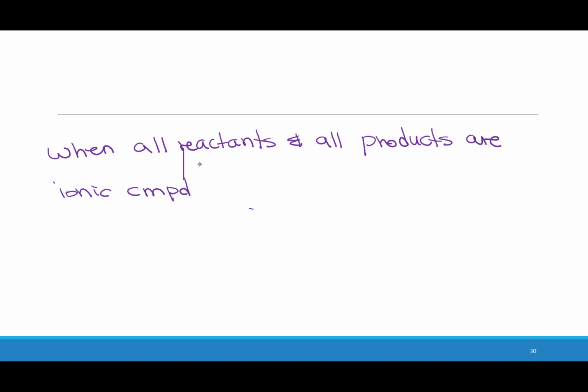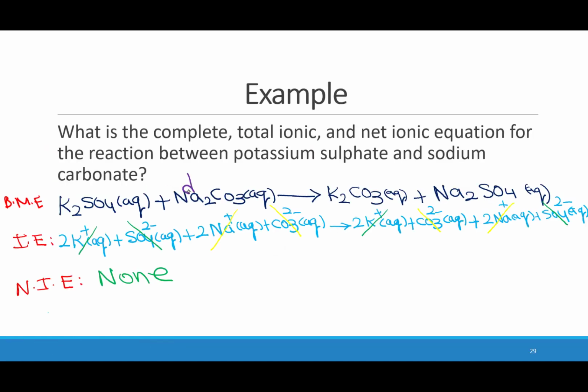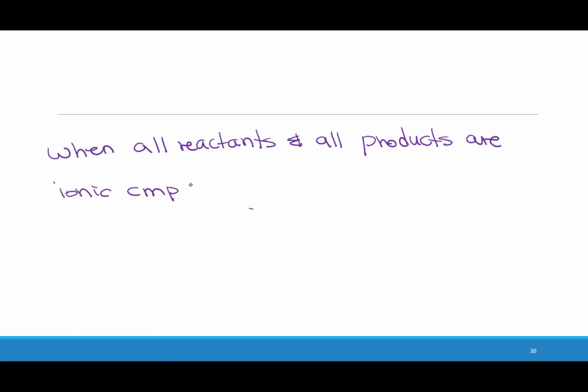When all reactants and all products are ionic compounds in aqueous state, therefore no net ionic equation.